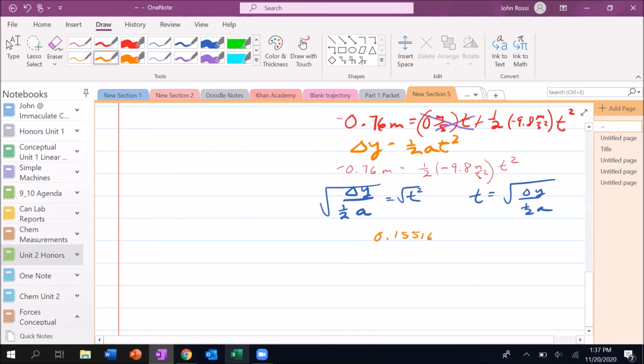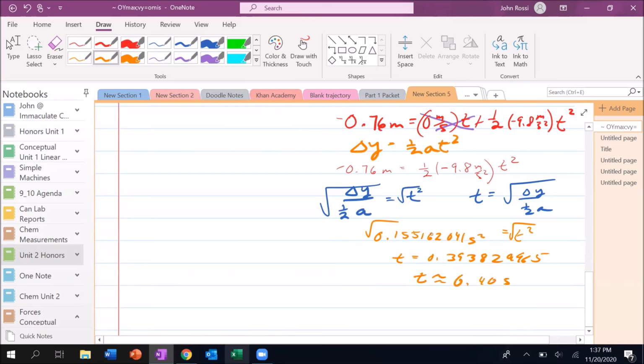Oh, I think that's a 6 if I read my handwriting correctly. 62041 seconds squared. That equals time squared. So let's take the square root of both of those, and I get another long decimal. I get that time is equal to 0.3938299965. Let's simplify that one a little bit. Let's say the time is about 0.40 seconds.